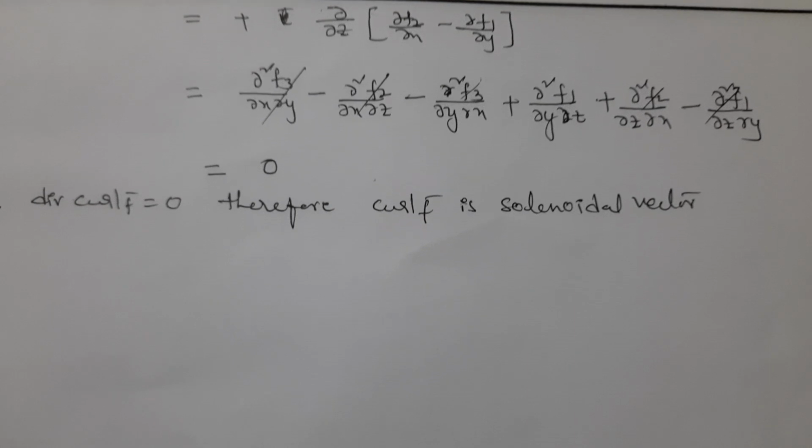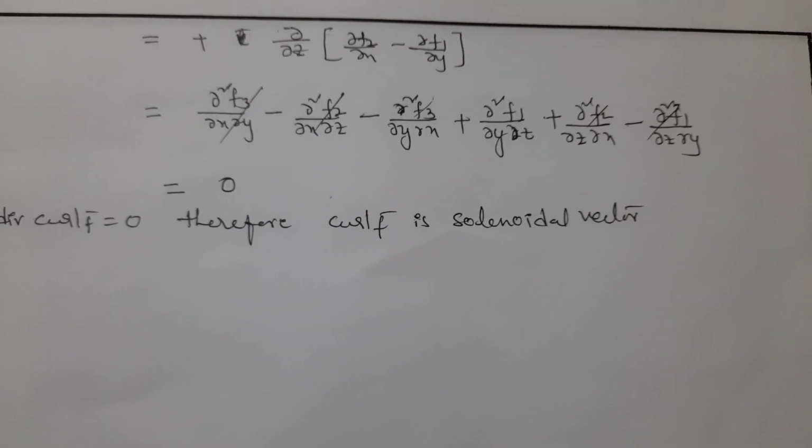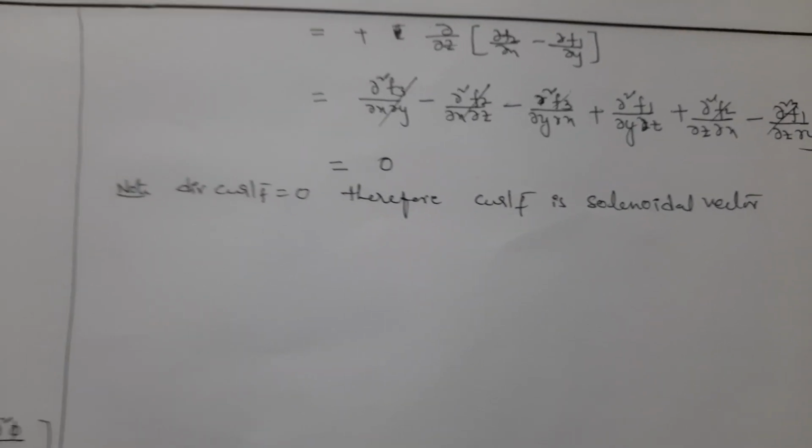If divergence of curl f bar is equal to 0, then f bar is a solenoidal vector.